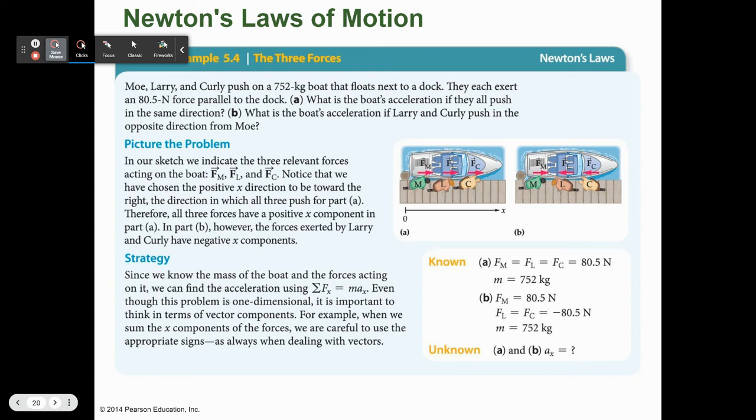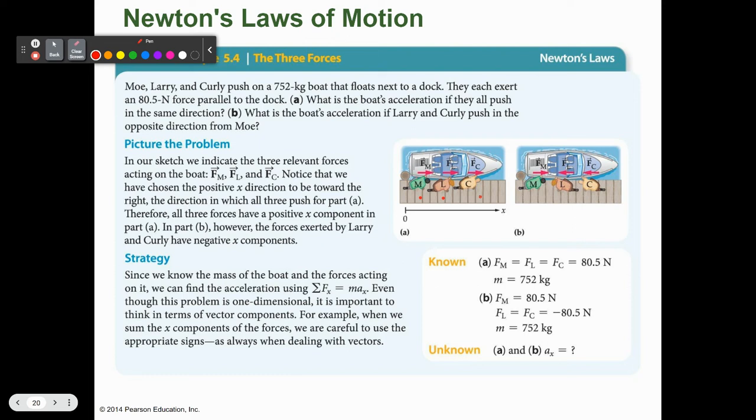All right, so again, like we've done in the previous chapter, since this is a vector quantity, we want to sketch out what's going on. So in the first situation, here is our boat, here is Moe, Larry, and Curly. They are all pushing in the same direction.